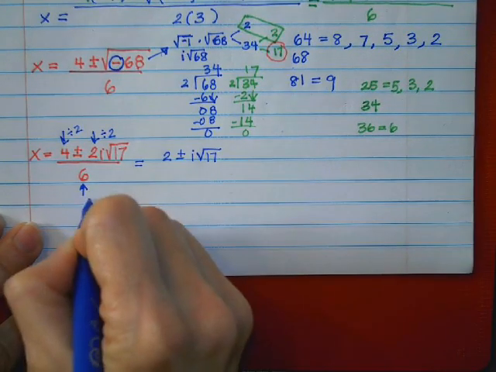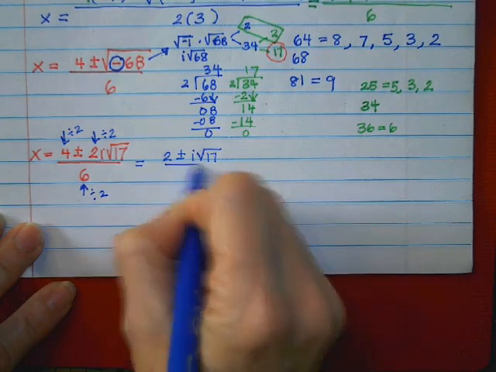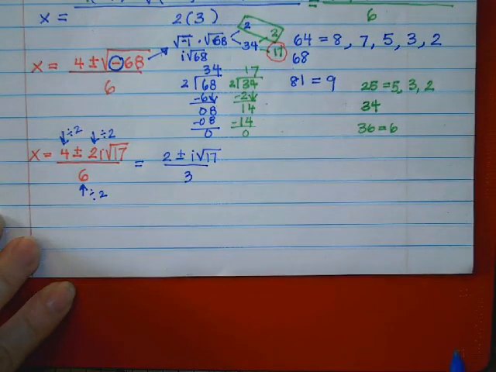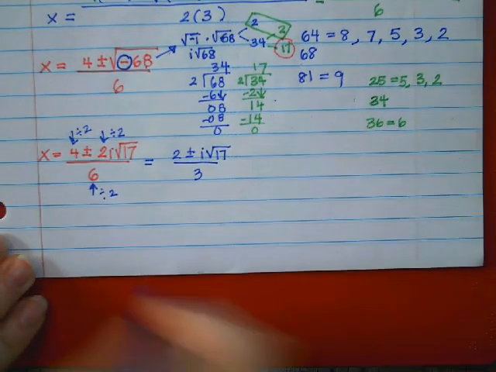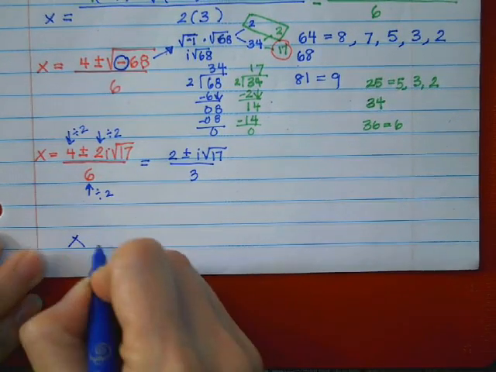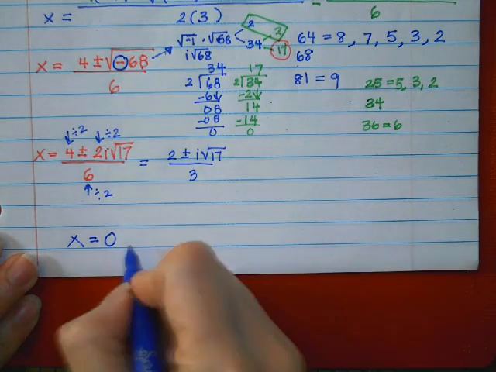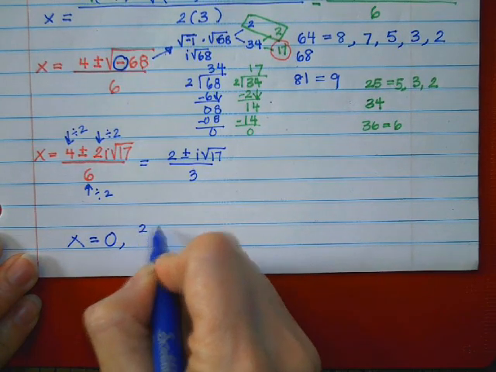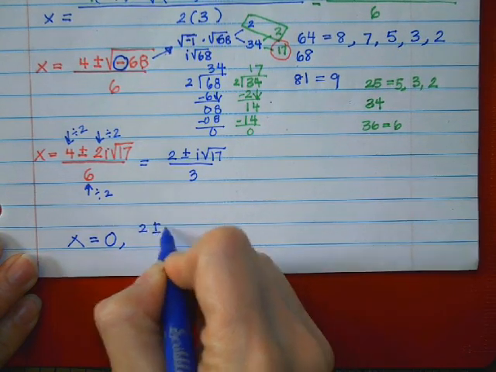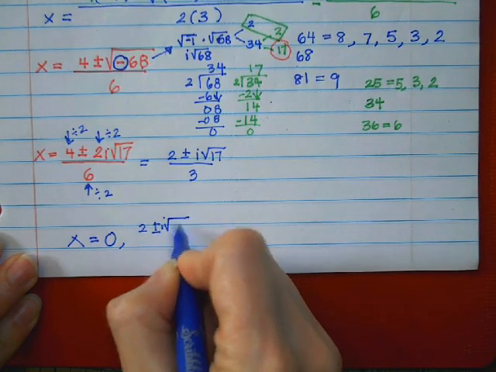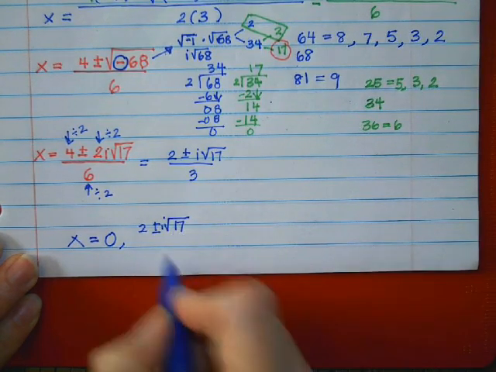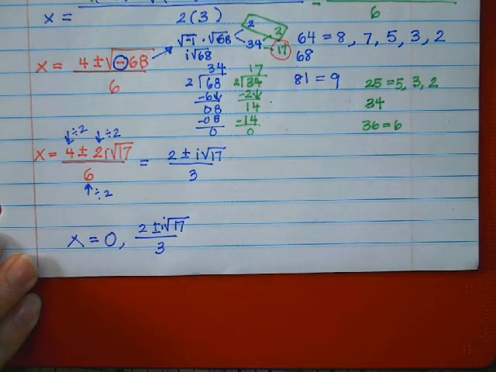Then we take this 6 and divide it by 2, and we get 3. So now we have our final answers: x is equal to 0 from the very front at the top, and then it's equal to 2 plus or minus i square root of 17, all over 3.